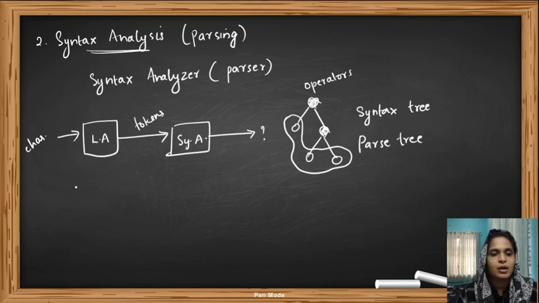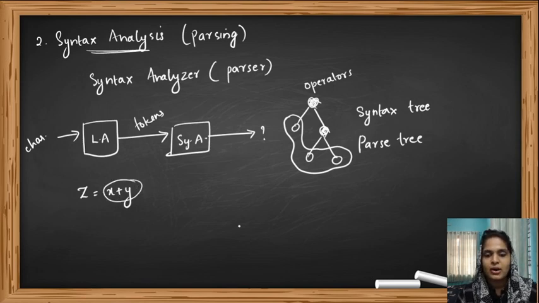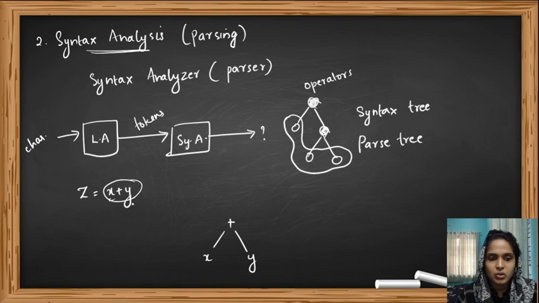this operator. For example, we have a statement z is equal to x plus y. In this x plus y, the operator is plus. So our intermediate node of the syntax tree will be plus, and the two arguments of the plus operator are x and y. So the leaf nodes will be x and y. Now we are storing the result of x plus y to z.